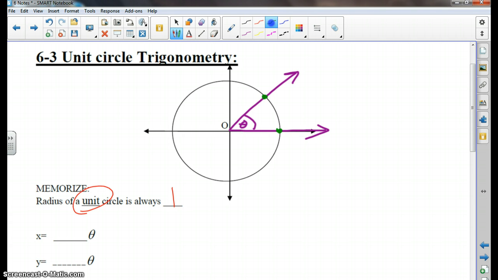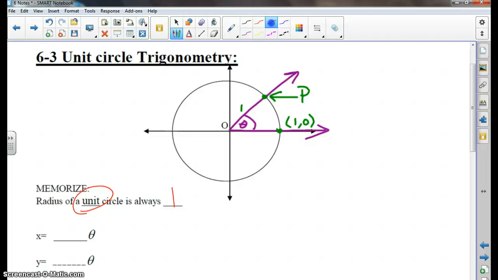Since I know that the radius of a circle is 1, I'm going to use those 2 points to identify certain parts of the ray. The most important part that I'm going to be identifying is this one right here. We will frequently refer to this as a point P on the unit circle. Technically, you could use any capital letter, but point P will be the one you will see most commonly.